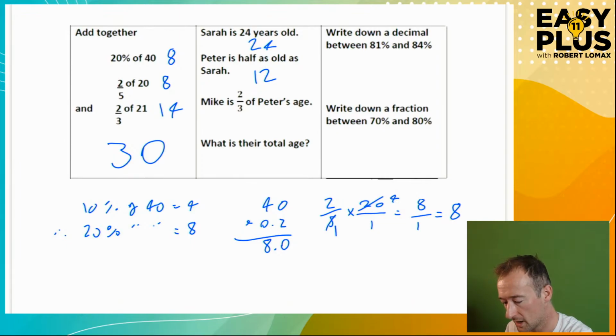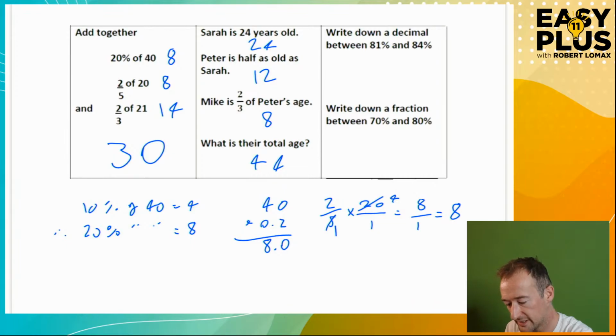Mike is 2/3 of Peter's age. What's a third of 12? It's 4. 2/3? 8. What's their total age? Easy peasy. 24 plus 12, 36, plus 8, 44. Checking I haven't made some stupid mistake. Well, if I did, I made it earlier as well.